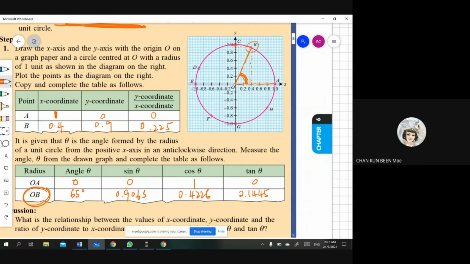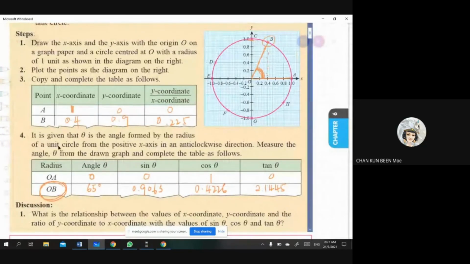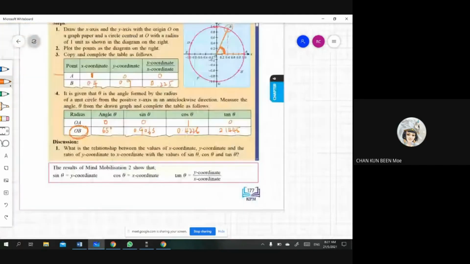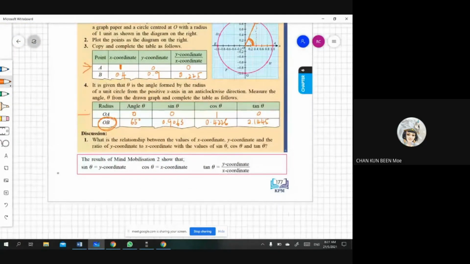So now we are going to compare these two. Wait, I move it here. Okay, we are going to compare this and this. I show you using the arrow. If you look at the angle and also the coordinate given, you notice something: the sine theta, this one, A, with the value 0.